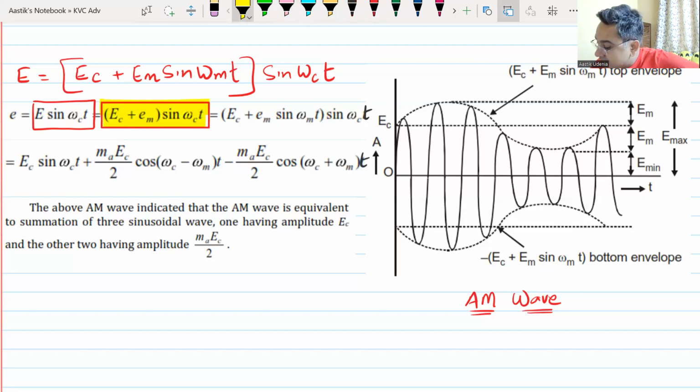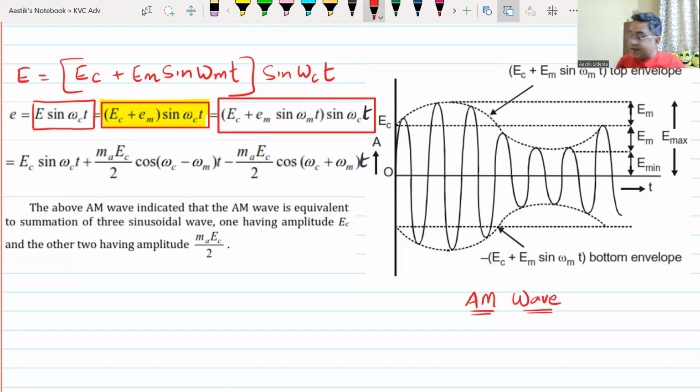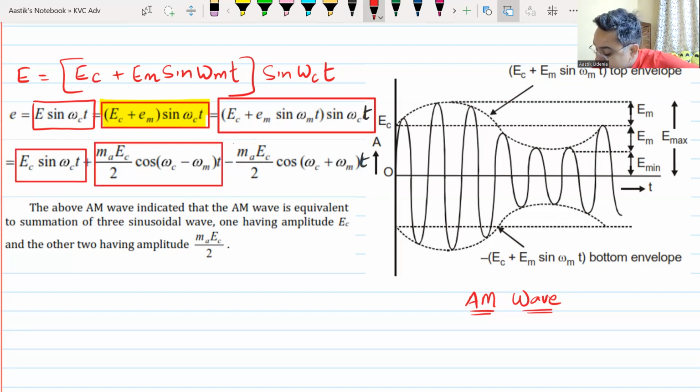Then we can write the value of the amplitude, and we can see that this becomes EC plus EM sine omega m t times sine omega c t. Do we understand this? After this, it is maths. We can now write this by using trigonometry as a sum of three waves.